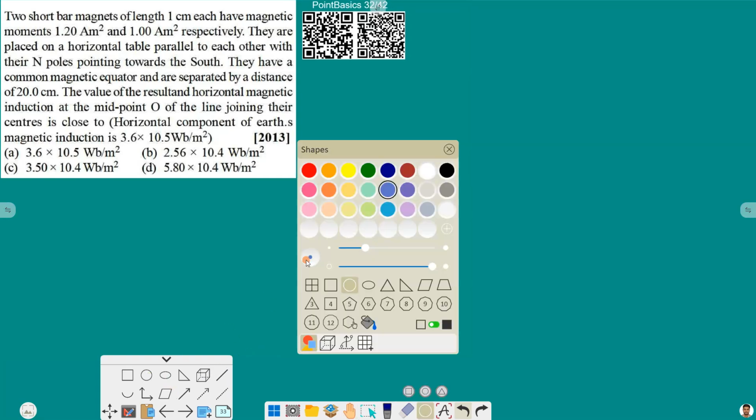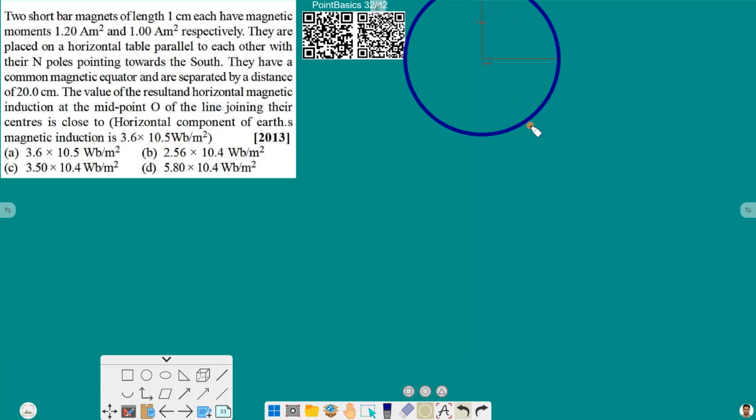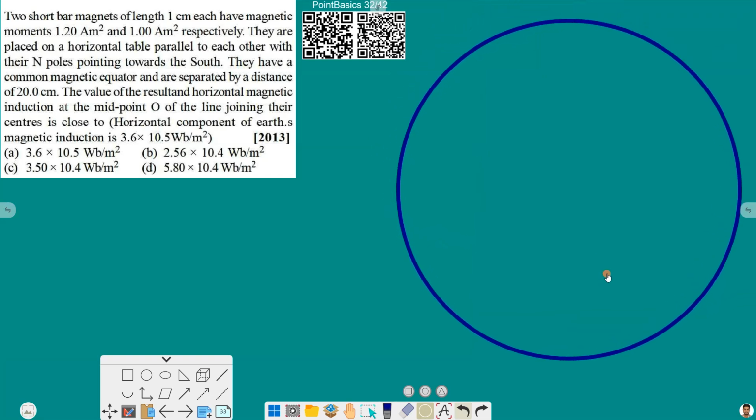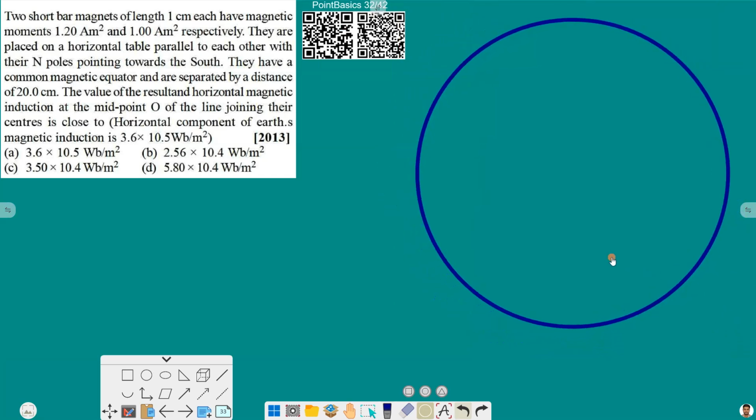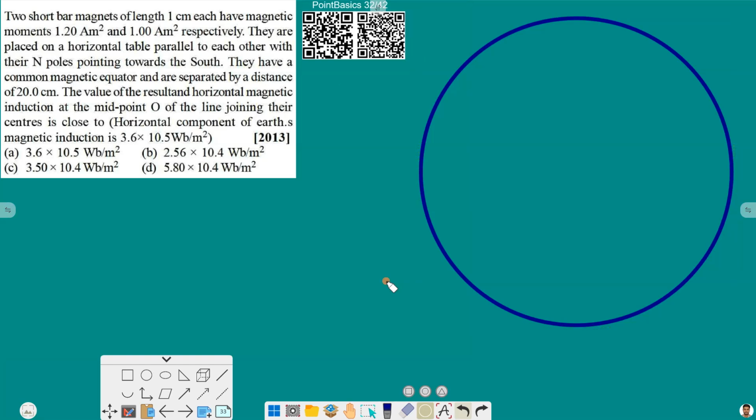So for that, let's first draw a diagram. Suppose this is our Earth. I'm drawing it slightly big so that I can accommodate both of the magnets. This is Earth, and this is our northern hemisphere, and this is our southern hemisphere, and we have the south pole here of Earth's field. Earth is a magnet, and we have a north pole here.